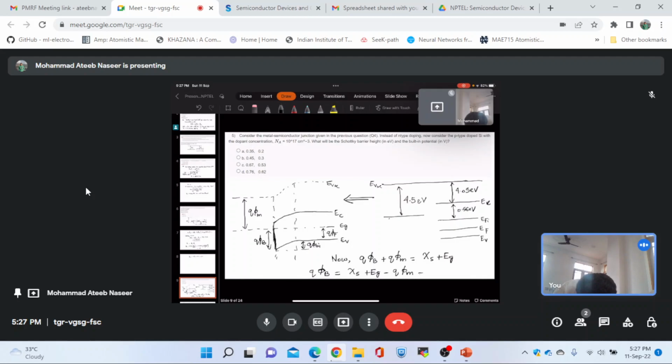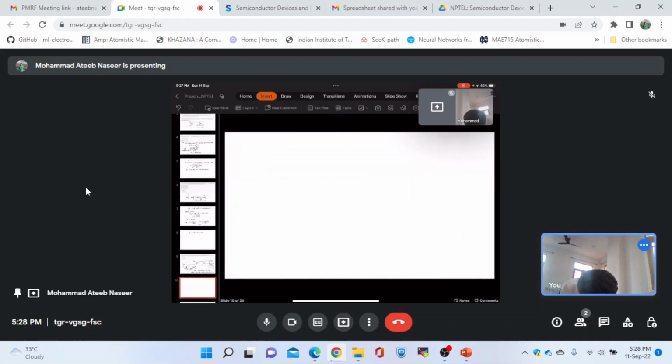This will be equal to 4.05 plus the band gap for silicon, which is 1.12, minus the metal work function, which I told is 4.5. If I add these things, the answer is 0.67 electron volts. So this is the barrier height that we got, 0.67 electron volt.